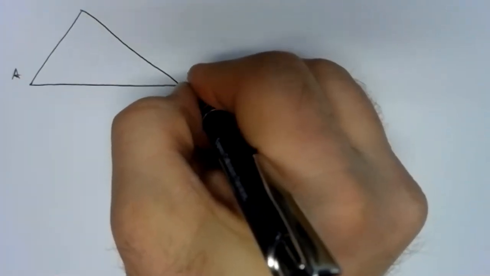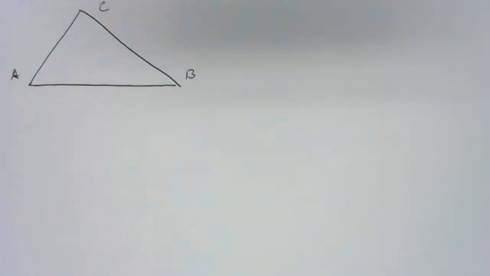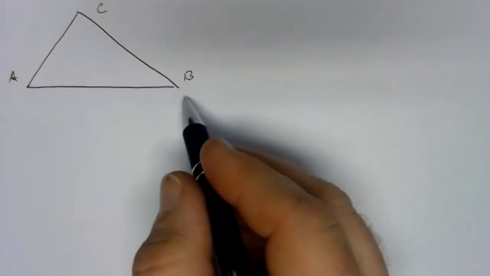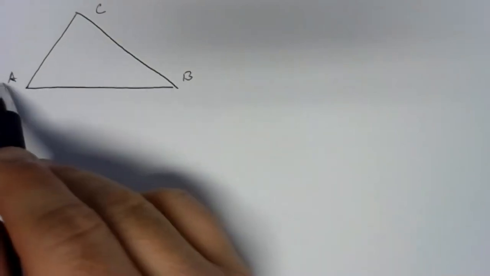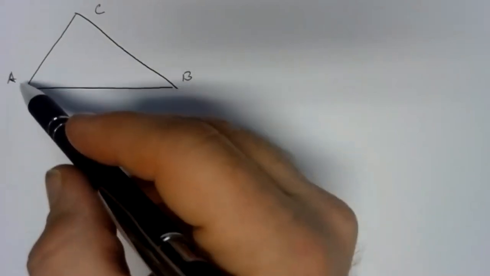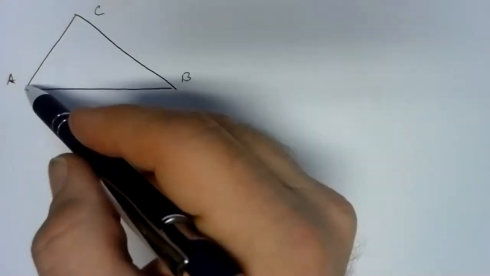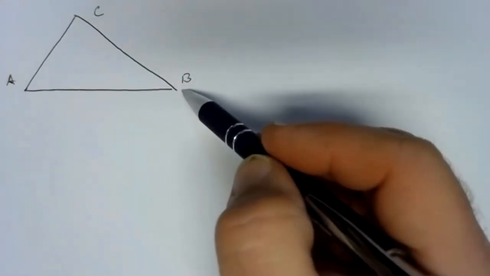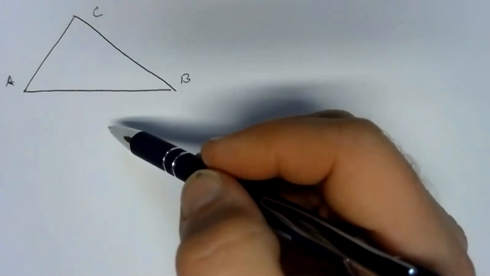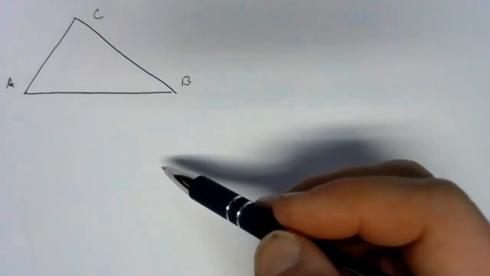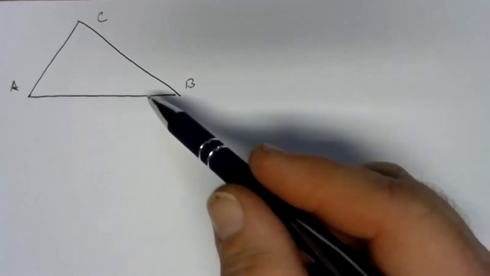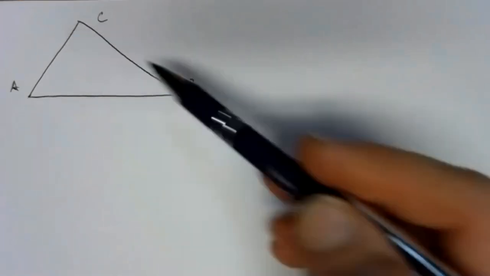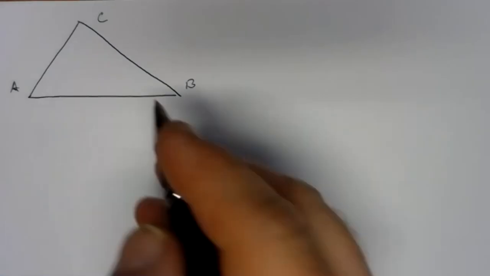3 members here. And I mentioned last week that we name the members based on the joints. So this horizontal member is member AB. This member off to the left is member AC. This member on the right side is member BC, and we always name them in alphabetical order just for consistency and ease of communication. So we're not saying member BC and member CB and thinking they're 2 different members.